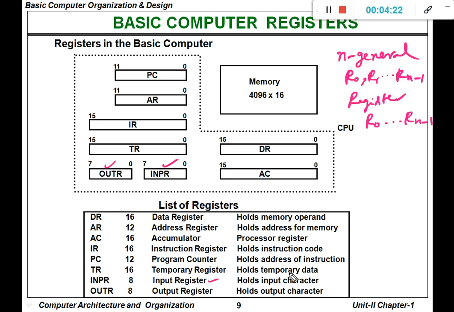INPR is the input register, which holds the input character. The input character is generally sent from the keyboard. Whenever we press a key on the keyboard, the content will be moved to the input register. Similarly, the output register OutR will hold the output character. And we discussed the temporary register, which holds the temporary data.